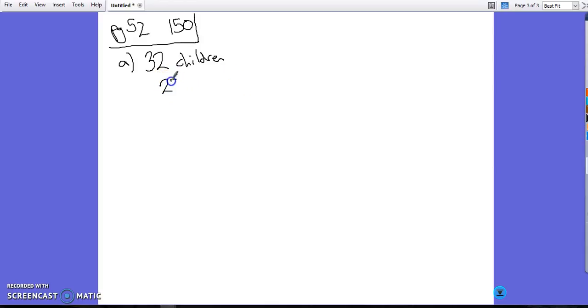So 25% of 32. We can translate this mathematically to say 25 divided by 100 of, as I've mentioned before, is normally translatable into mathematics as multiplied by, then 32.